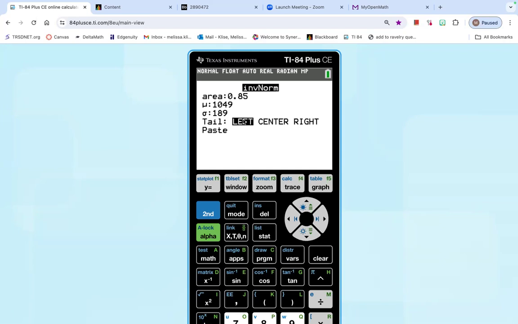Most calculators don't have this left, center, right, so left is the default. Go down to paste and hit enter. If you have a calculator that just gives you the inverse norm and you have to put stuff in, ignore the left, just put 0.85 for the area first, then the mean, and then the standard deviation. I'm going to hit enter.